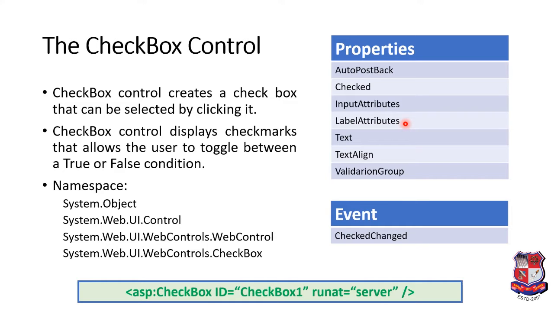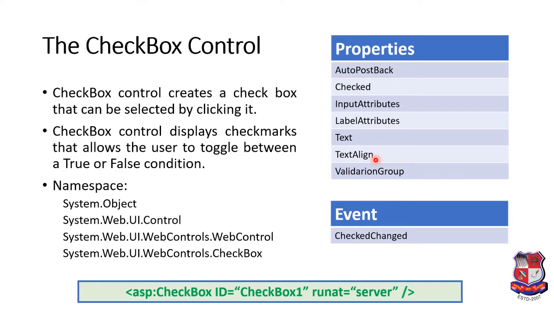Next is LabelAttributes. This property is used to obtain a reference to the collection of attributes for all the rendered label elements of the checkbox control. Next is Text. This property is used to set or obtain the text label associated with this checkbox. Next is TextAlign.